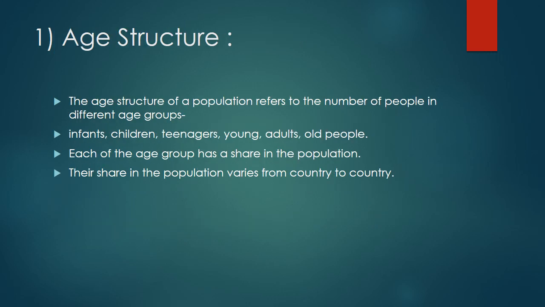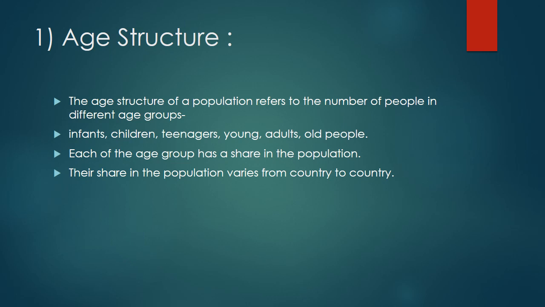Now the first thing is the age structure. The age structure of population refers to the number of people in different age groups. In the starting I told you that the age structure means how the groups are being made according to the age, according to the phase a human life goes on. Infant, children, teenagers, youngsters, adults, old people.